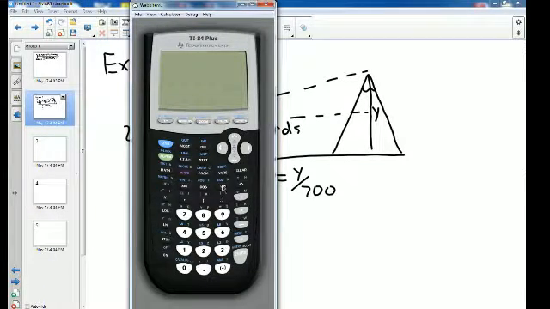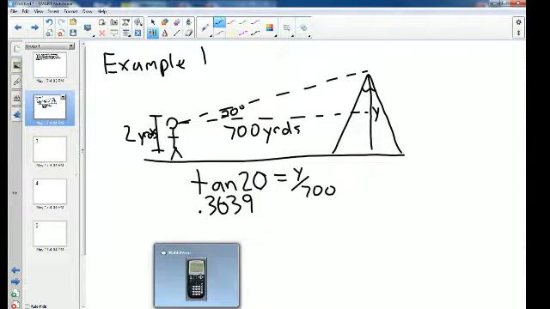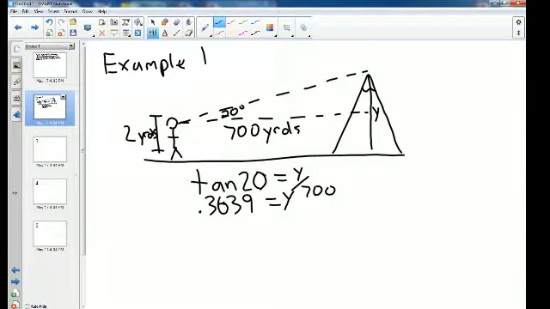So tan of 20 equals 0.3639 approximately, which is equal to y over 700.